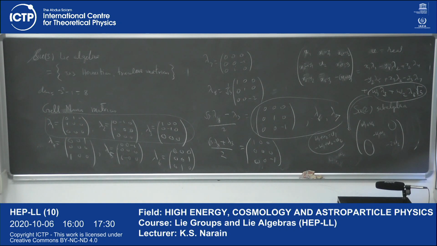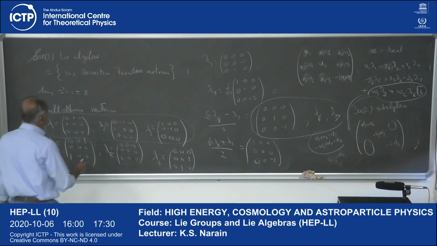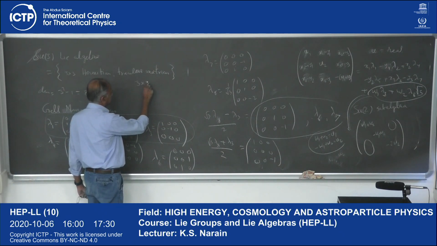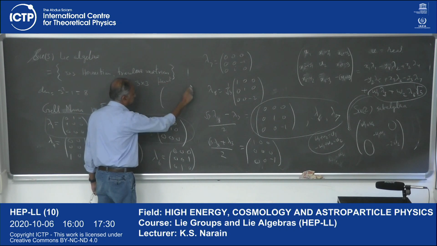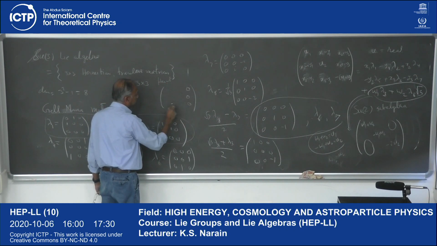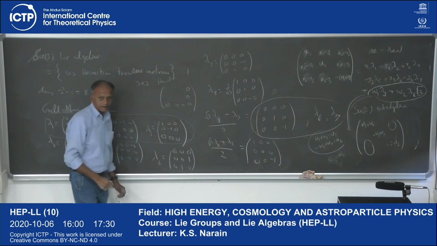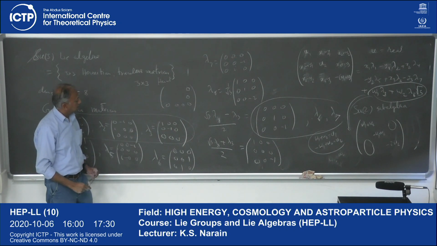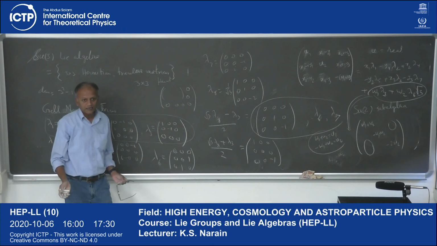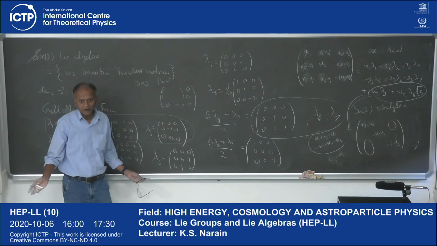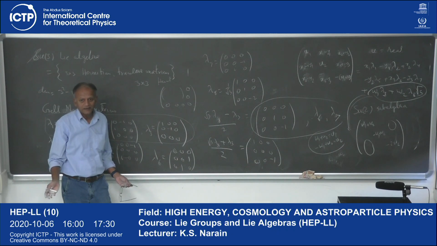Well, not really, no. Because if you say I have a 3 by 3 traceless Hermitian matrix, and I take the first row and first column to be 0, then the remaining thing is a 2 by 2 matrix, which has to be Hermitian traceless. So it had to be part of SU2 anyway, right? It has to be an SU2 sub-algebra.